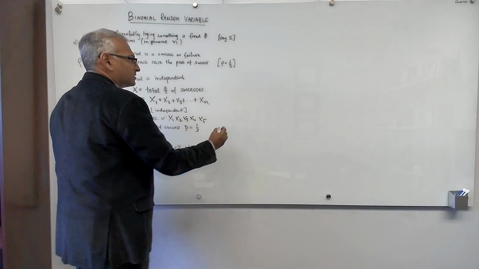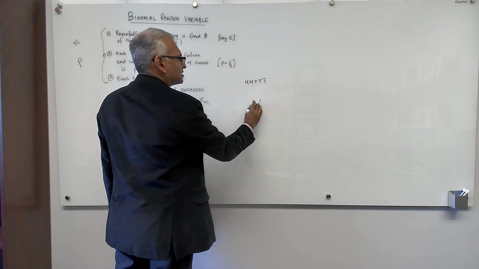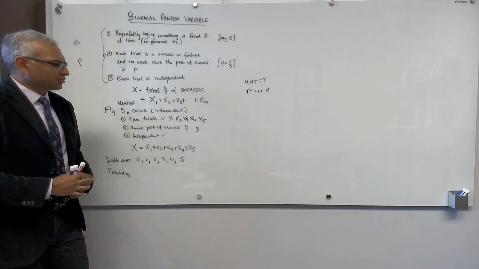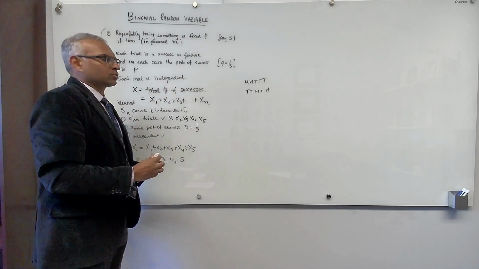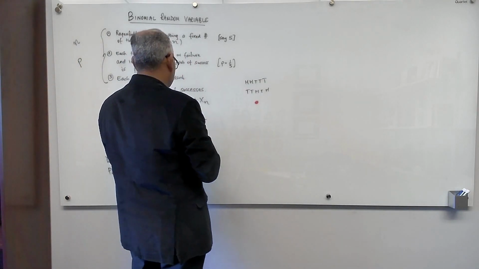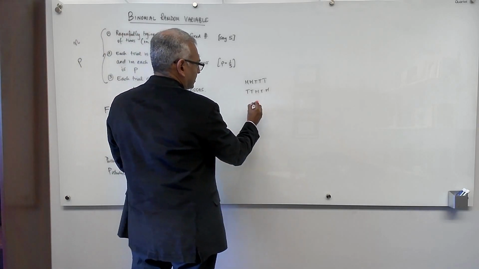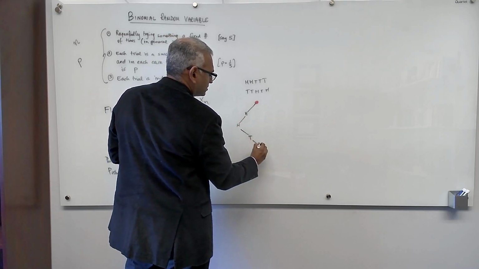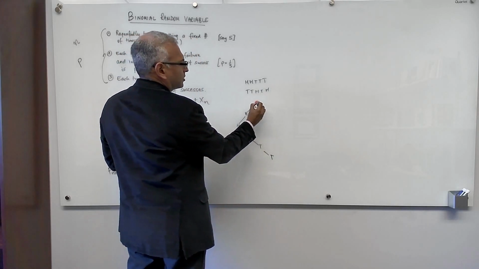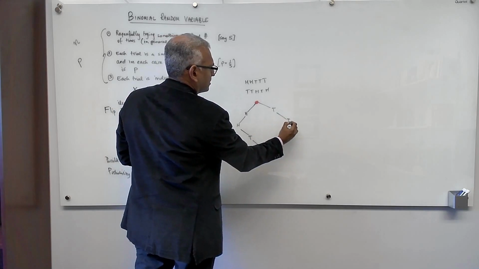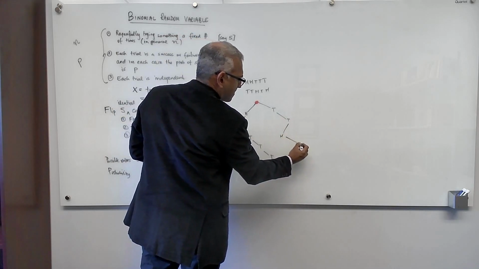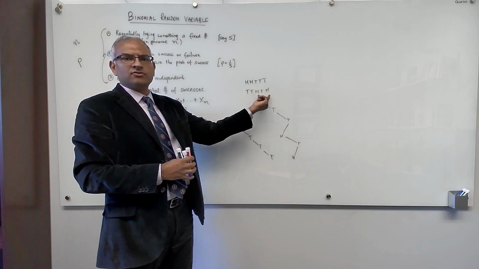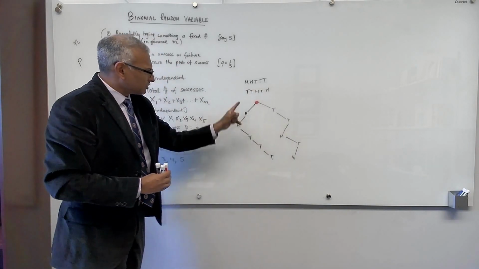Here's an outcome with 2 heads: H, H, T, T, T. Here's another outcome with 2 heads: T, T, H, T, H. If we're doing the outcome tree for this experiment, you have your root, and you could go H, H, T, T, T, or in this case T, T, H, T, H. There are all the various other outcomes that give you 2 heads, but I just want to illustrate something with these 2 particular outcomes.